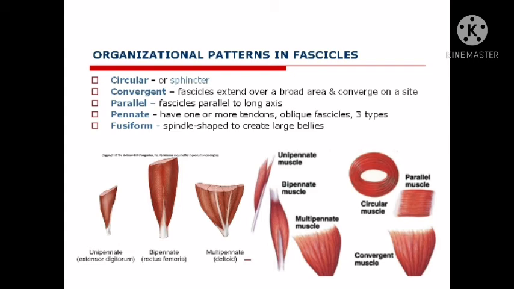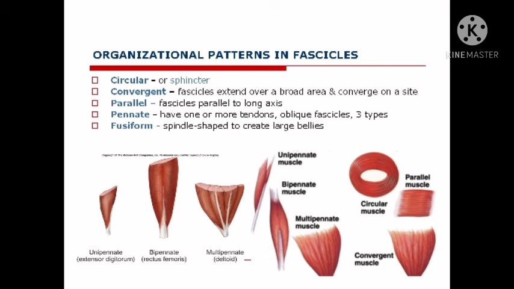The example of the unipinnate is the extensor digitorum. Digitorum means the muscle which goes toward the digits, the fingers. That's why it is called digitorum.